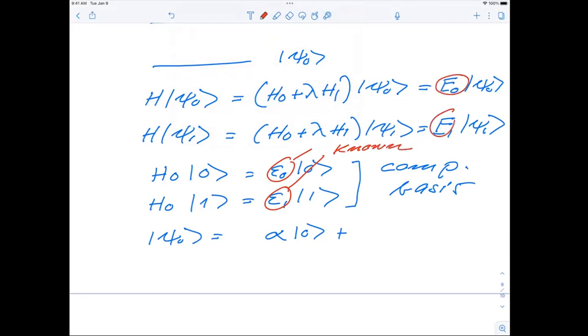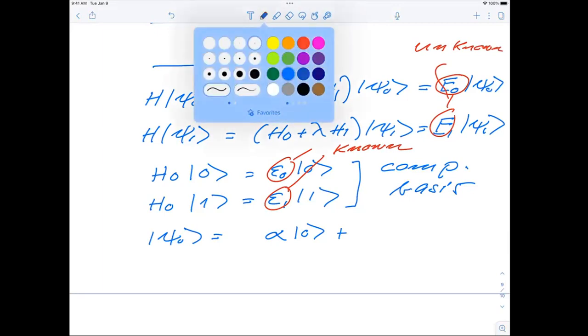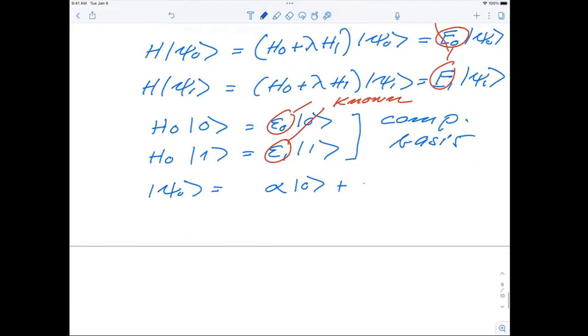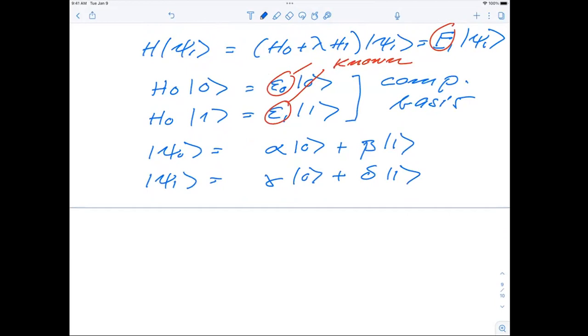These two quantities, E0 and E1, are unknown, and those are the quantities which we want to find by setting up a diagonalization problem. And similarly, I would have a psi 1, which is given in terms of gamma times 0 plus delta times 1. We could now rewrite these two vectors in terms of a unitary transformation, which is the one which diagonalizes the basis.